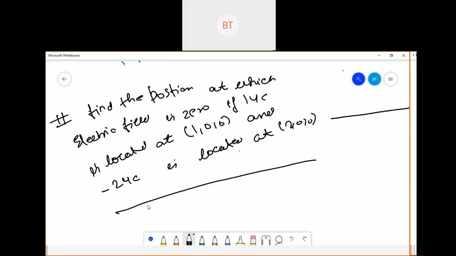This will be the figure, and this will be the origin. The figure is not given in the question; for your help I am giving it. This is the 1 coulomb at (1, 0, 0), and this is the minus 2 coulomb. First you need to think about where to place the point. I'll give you a hint: you cannot place it here, you cannot place it here. If you place it here, you'll get the right answer. So try to solve it.